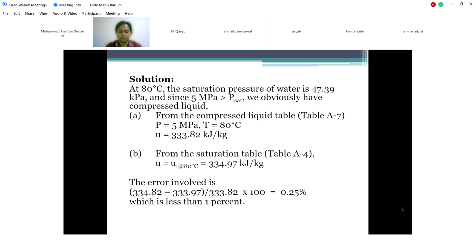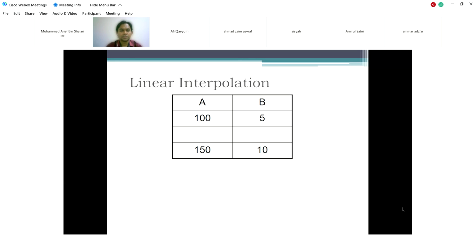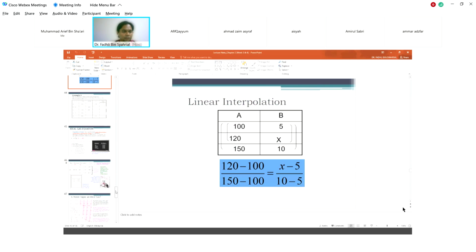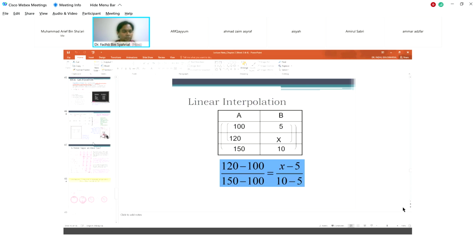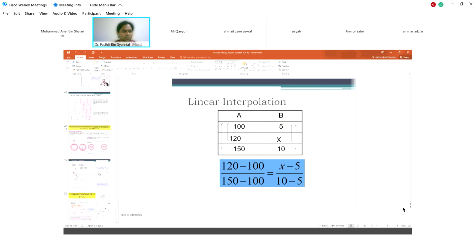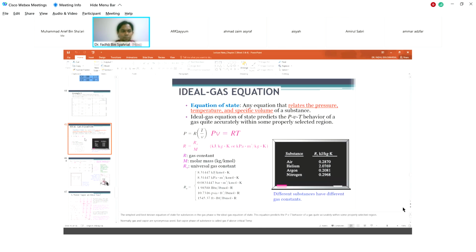So I think that's all for today. We still have the ideal gas equation of state that we need to discuss. For this subtopic, I will share with you a link, a video for you to learn after this class.